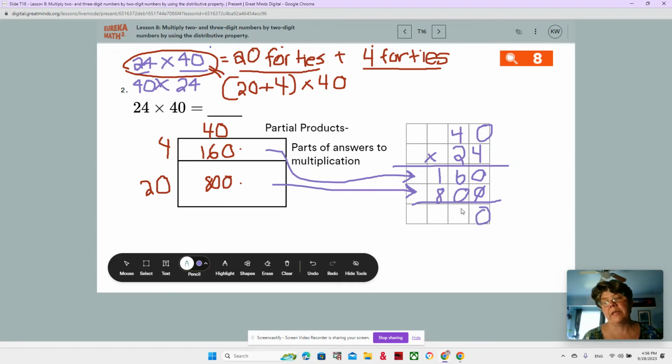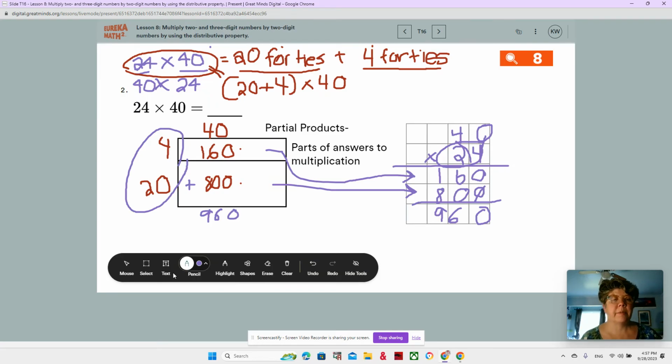So that would be 960. And I would also add these two together. And of course, that's also 960. All right. So you see how breaking apart my 20 and my 4 is similar to my 20 and my 4 here because I'm breaking them into two parts. Okay. Very interesting, isn't it?